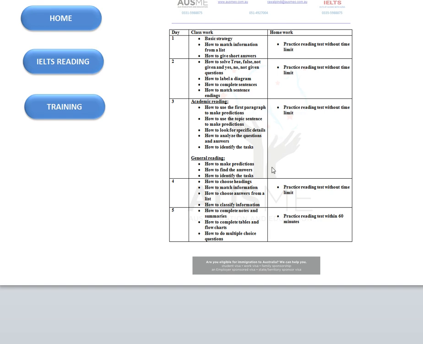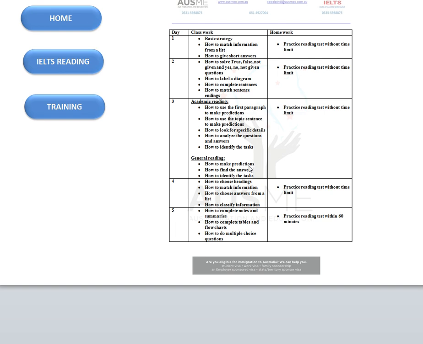So for this general reading, it's sort of similar, and it teaches you on how to make predictions first. As you know, in the general reading IELTS, the text is comparatively smaller to academic IELTS. So in the academic IELTS reading, the texts are long, and in the general, they're pretty much shorter, and that could be like newspaper articles, magazine articles, even a recipe.